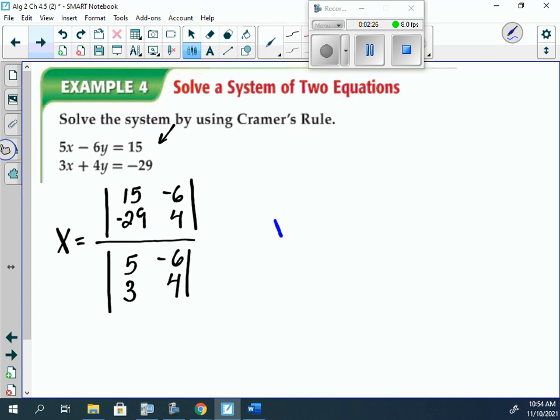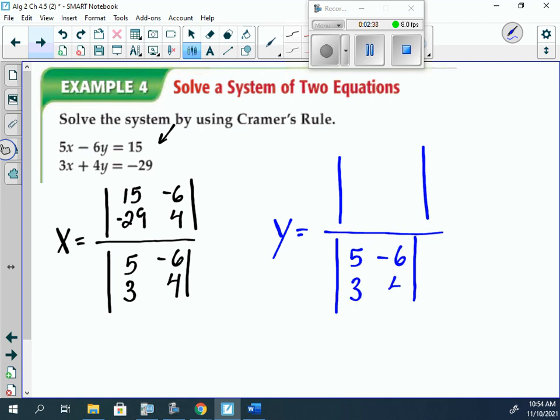Let's look at how we're going to set it up for y. Now the determinant on bottom is going to be the exact same as x, so we're going to have 5 and 3, -6 and 4. Now the numerator is going to be different, because the first two values going down are going to be what? 3.